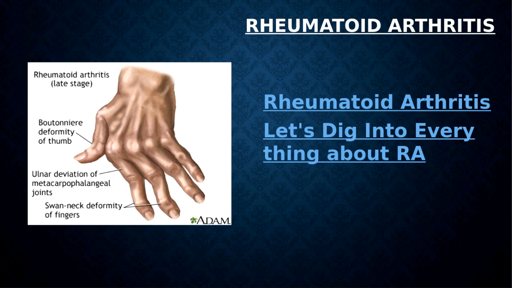The swan neck deformities in their fingers, the boutonniere deformity in their thumbs, deviations of these phalangeal joints. You'll see those deformities there as well. Make sure you know the difference between boutonniere and swan neck deformities. Hint, hint. Everybody got that?